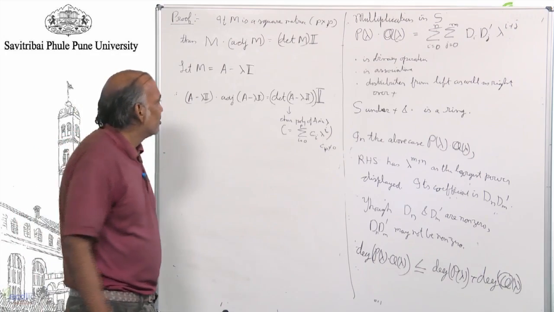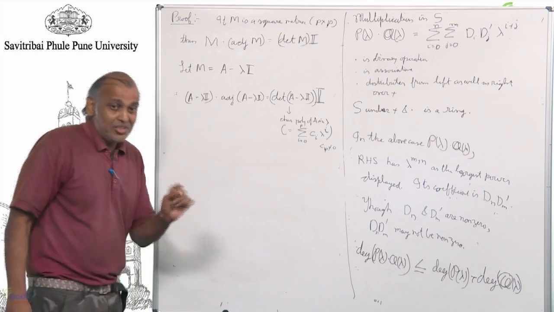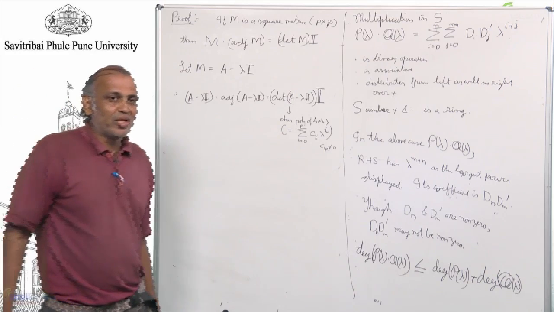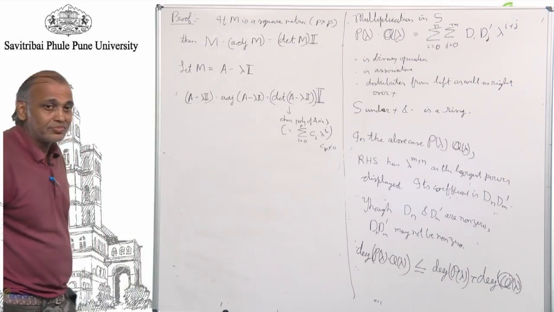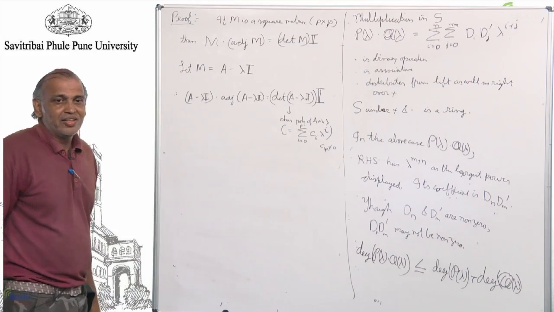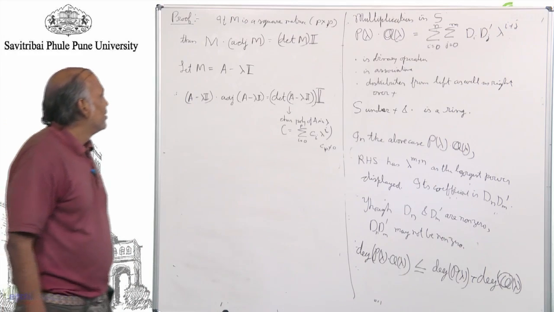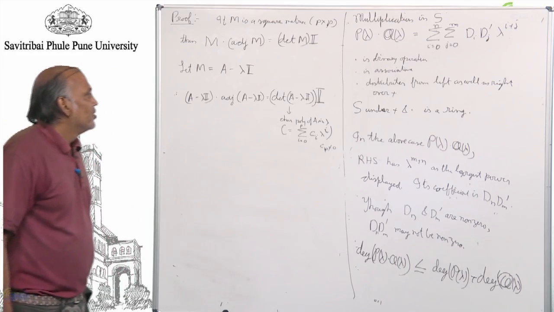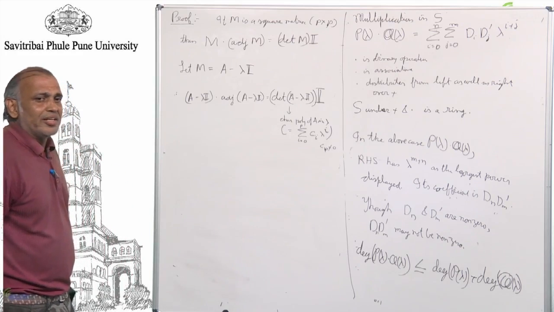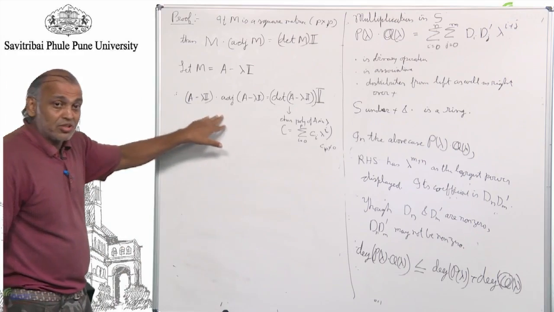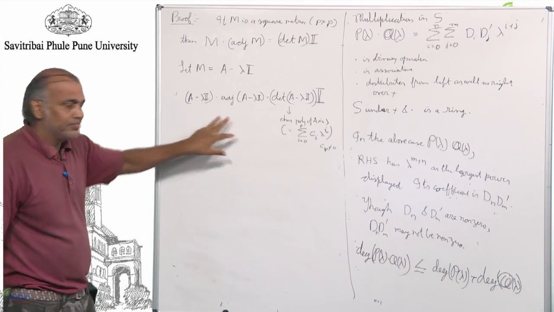So each entry would have at most power p minus 1. So many cofactors have this kind of structure. It's horrendously complicated to actually evaluate this, based on the fact that this is a cofactor adjoint.